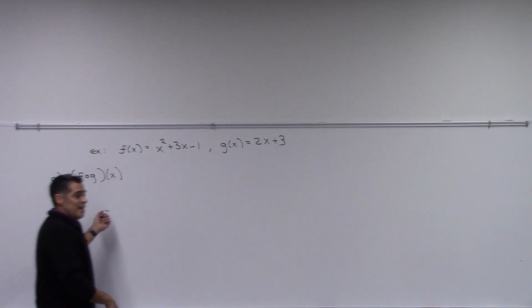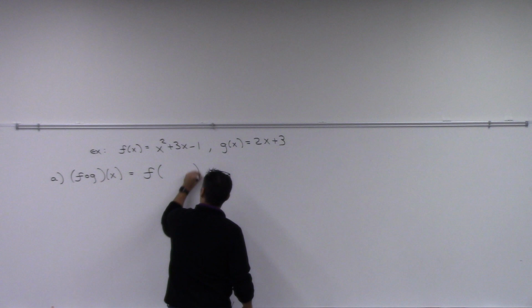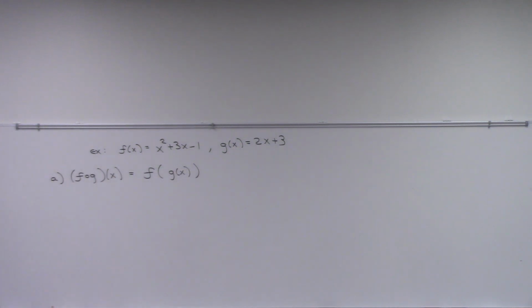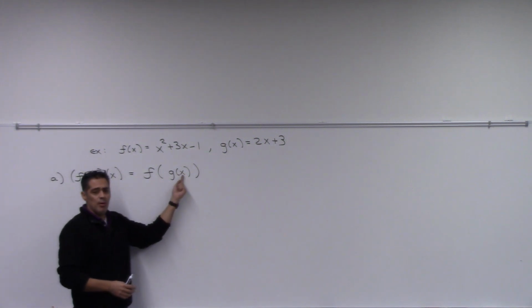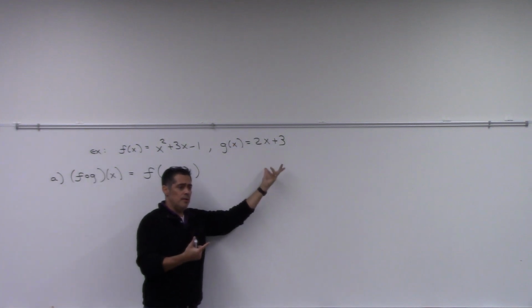First thing I'll do is write down what the definition of this means. This means f, and inside of that goes g. Now, in the past, the problems we just did, this was a number, wasn't it? Then you just took that number and you plugged it in here and you got a new number, right?